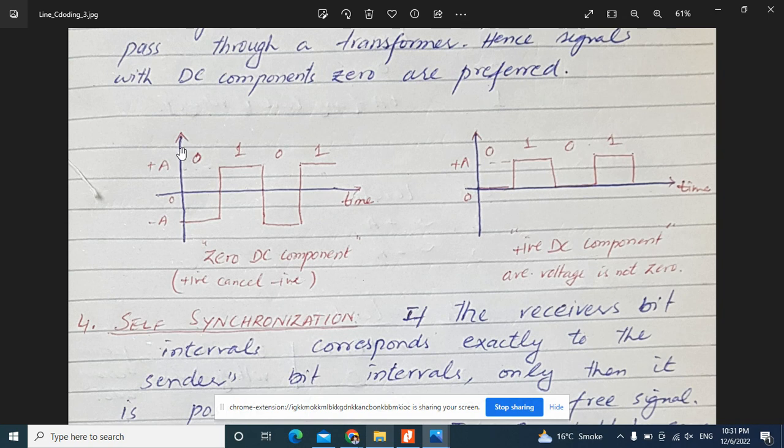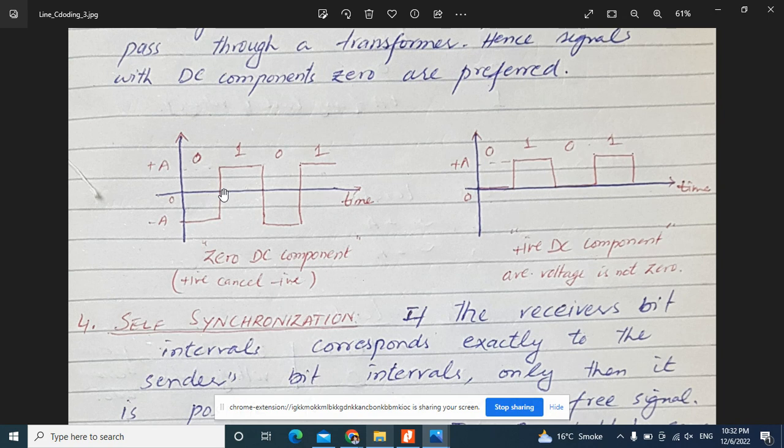For example, if you consider this signal, you can see the data level is 0 and 1, but the signal levels are positive A, 0 and negative A. If 0 is given, it is represented by negative A, but if it is 1, it is represented by positive A. So the negative value is cancelled by the positive value.